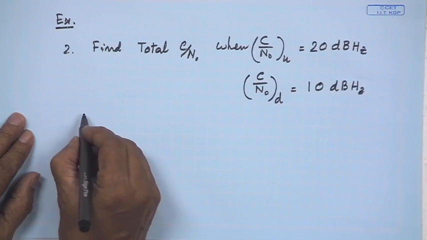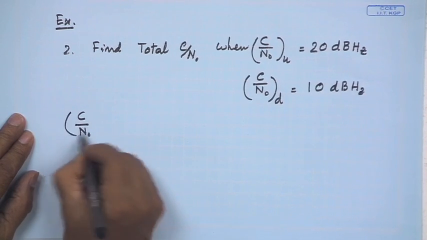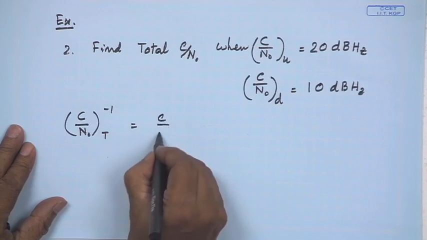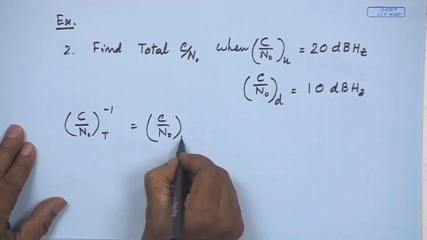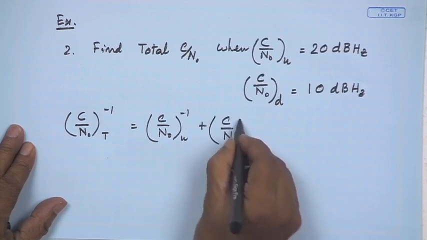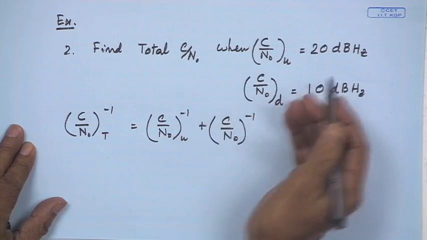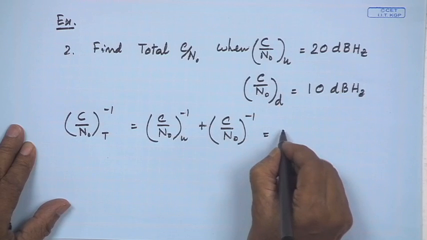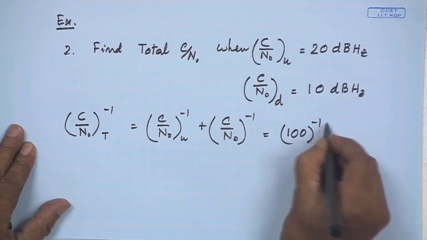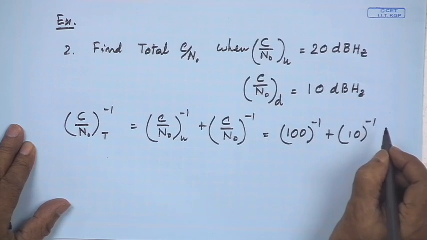So, C by N0 total inverse is equal to C by N0 up inverse plus C by N0 down inverse, and we said calculation has to be done in ratio. So, we convert that one. 20 dB means it is 100 inverse plus 10 dB is 10 inverse.